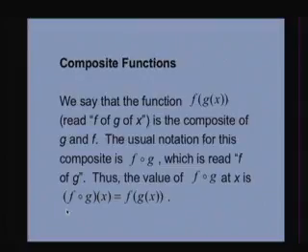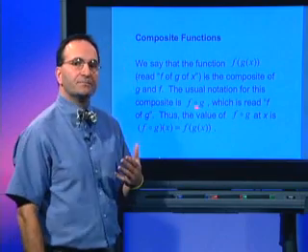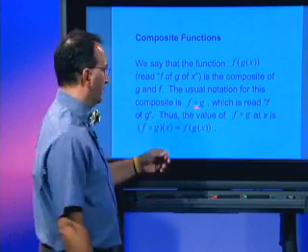The usual notation for the composite function is f with this little open circle right here, f composed with g, which is read f of g. Thus, the value of f composed with g at x is f of g of x.